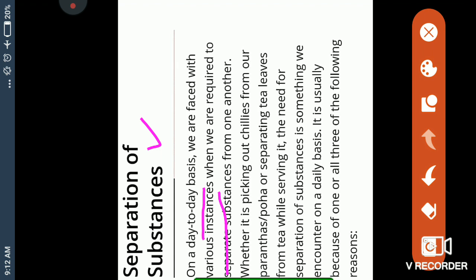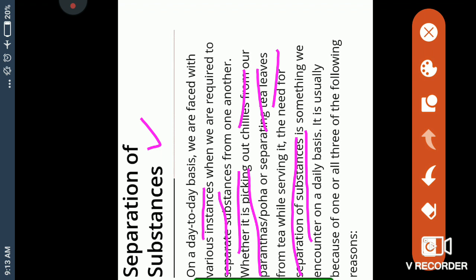In our day-to-day, everyday life, we face various instances of different kinds of activity when we are required to separate substances. Whether it is picking chili pieces out of the paratha or the poha, because some people are not fond of the bitter taste, so they take the chili pieces out of the poha, the paratha and the samosa, or separating the tea leaves from the liquid while serving it.